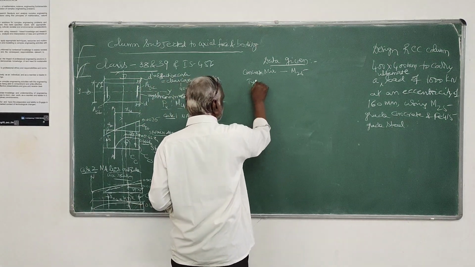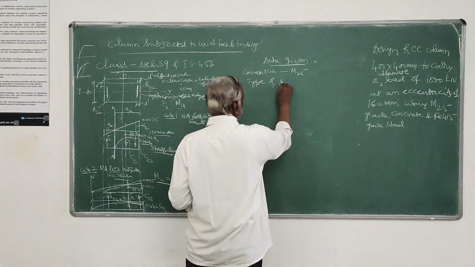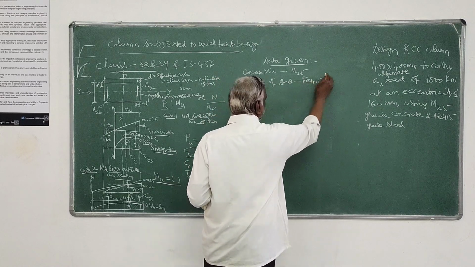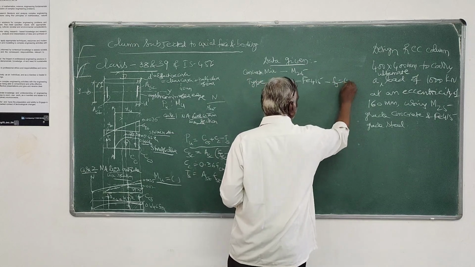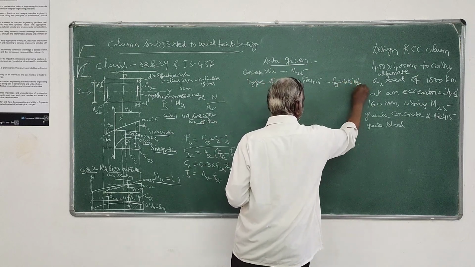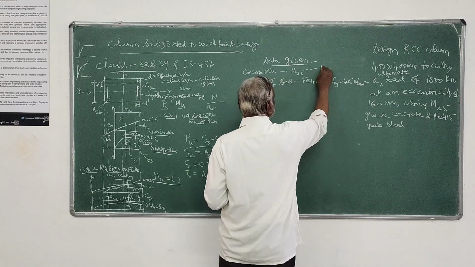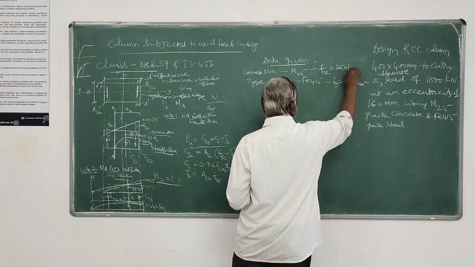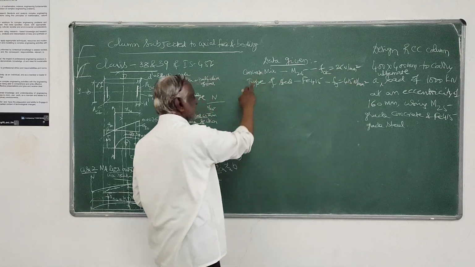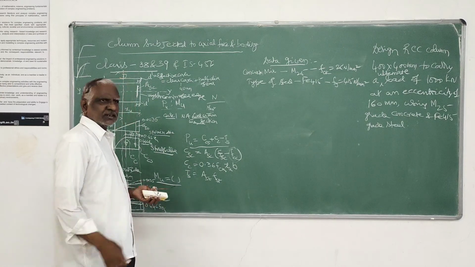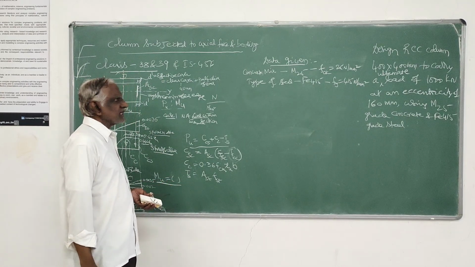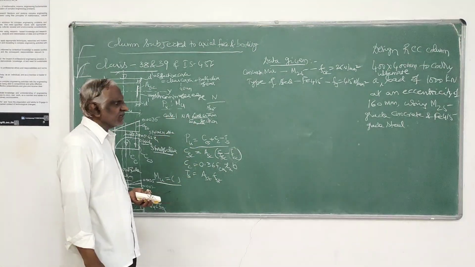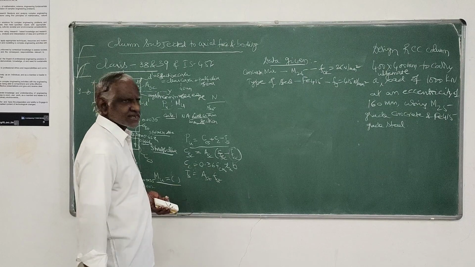Then type of steel, that is Fe 415 grade steel. So your Fy value will be 415 Newton per millimeter square, and FCK will be 25 Newton per millimeter square. Knowing the mix and type of steel, you know the strength of the mix and the steel.